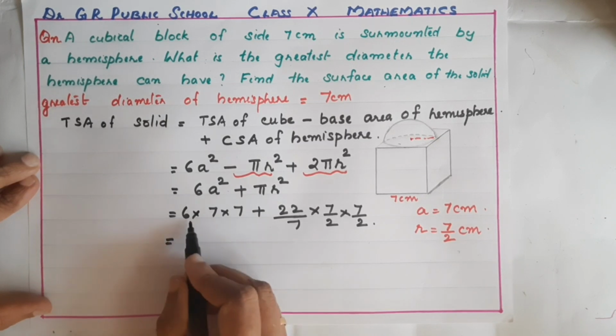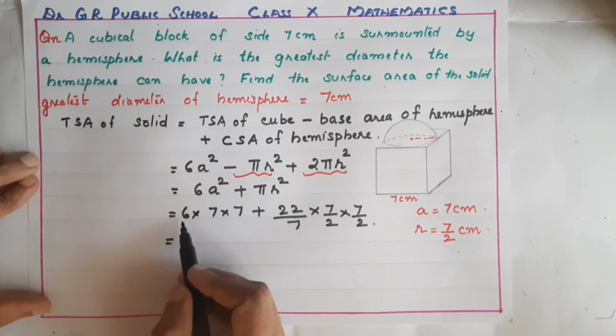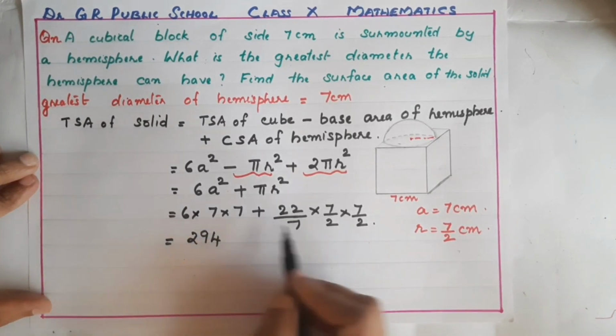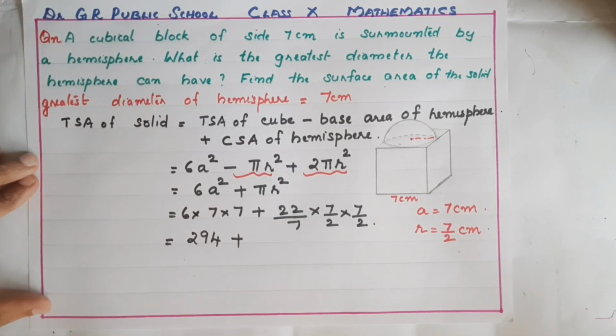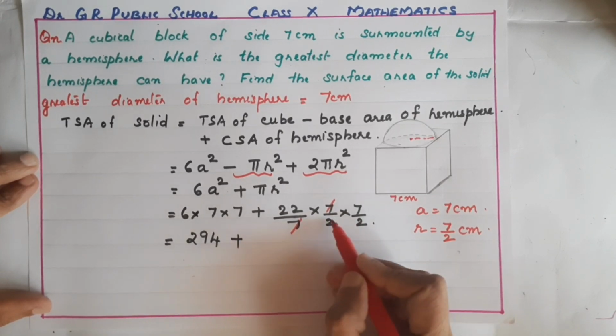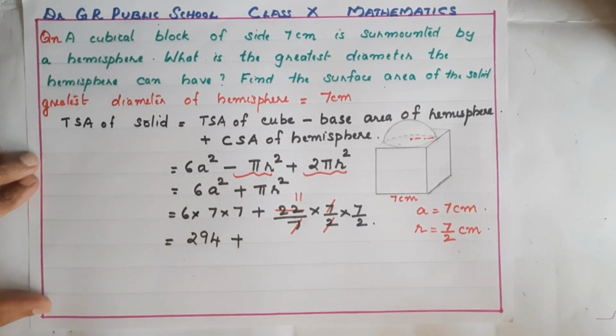Now 6 into 7 into 7. 7 into 7, 49. 49 into 6 is 294. You have to do the calculation in your working column. Plus, then what we can do? Cancellation. 7, 7 cancel. Then 2 and 22, 11.